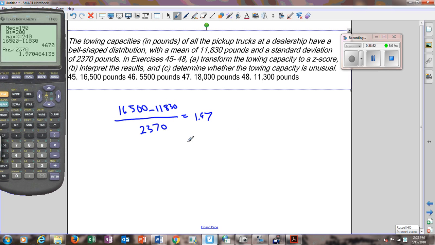All right. Number 48, you do 11,300 minus 11,830 divided by 2,370. So obviously it's going to be even less than 1 standard deviation.